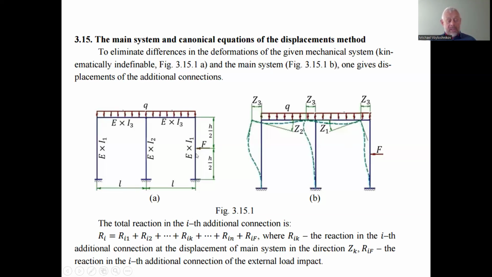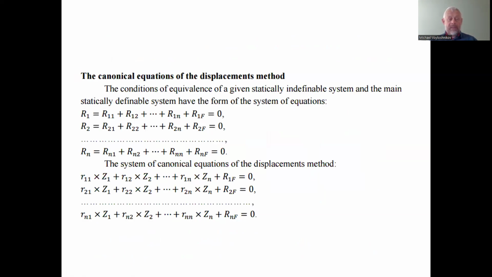direction. So this is the canonical equation of the displacement method. And to solve these canonical equations, actually we do not have in the nodes the extra connections like the sliding impedance, or extra connections to limit the linear displacement of any node.